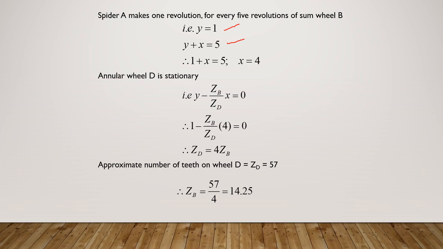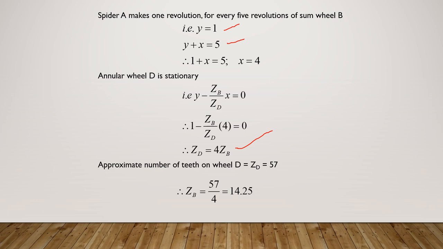Y is 1. ZB, ZD is unknown for us. X we just got, equate that to 0. So when you solve this, we will get this relation: ZD is equal to 4 times ZB. So this is the relation we got. Keep it as it is.